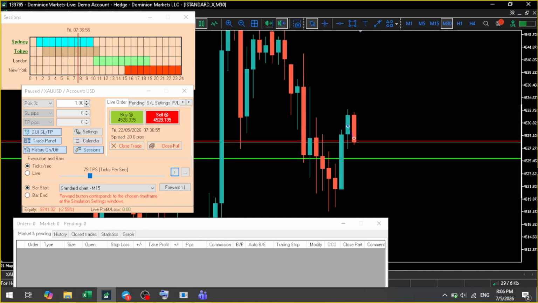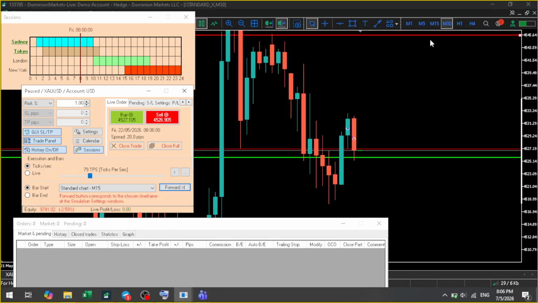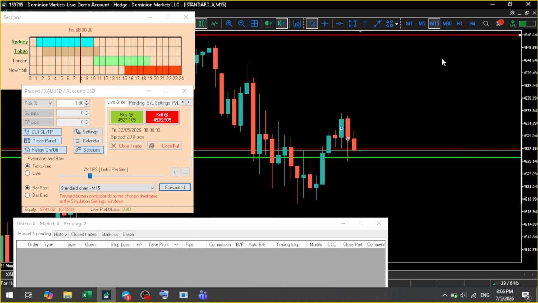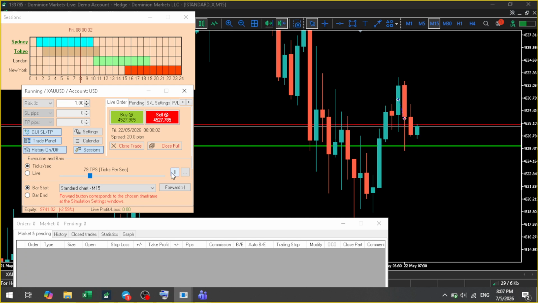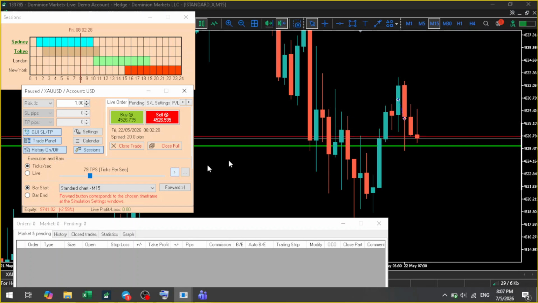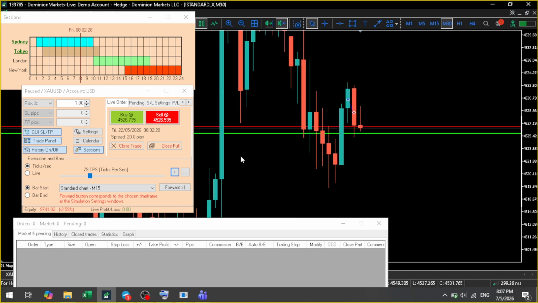So that is it, we are in loss for this simulation, and we have a nice confirmation to the downside. Let's trade this. Man, these confirmations are fucked up.